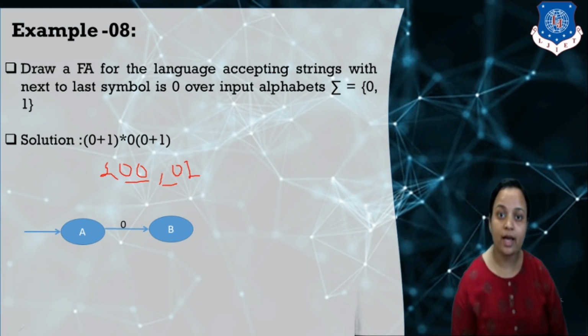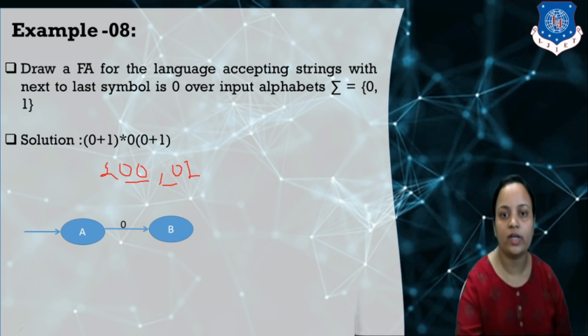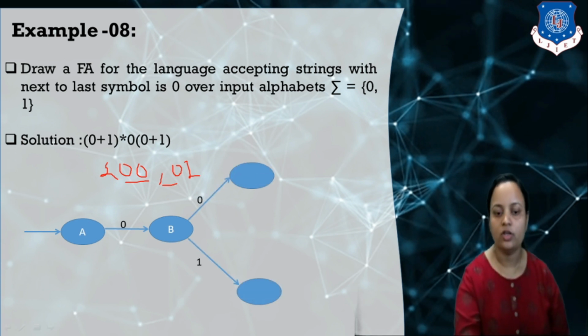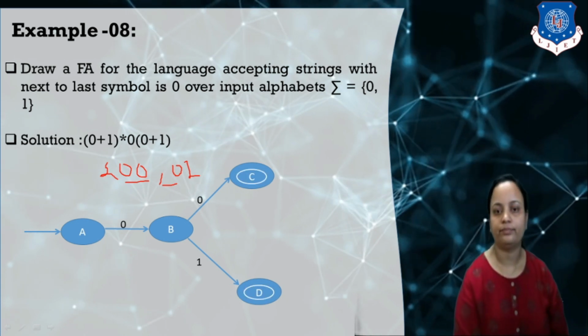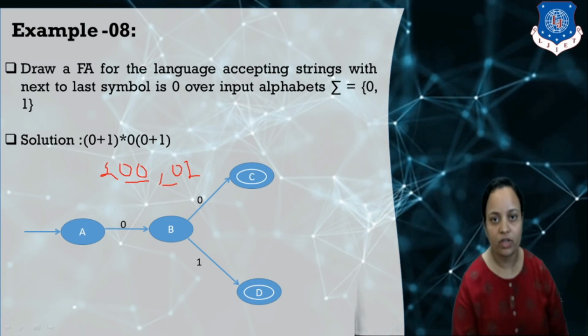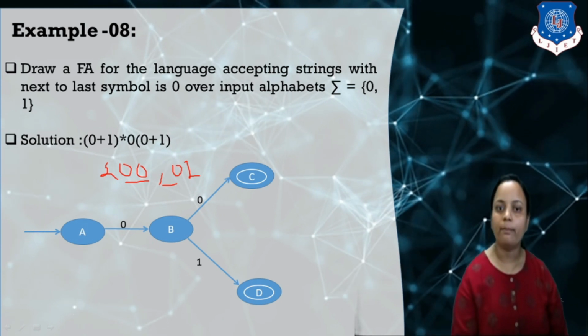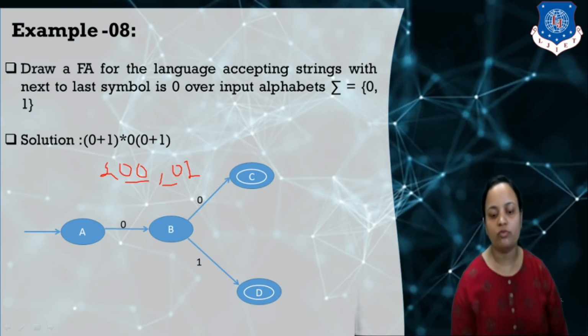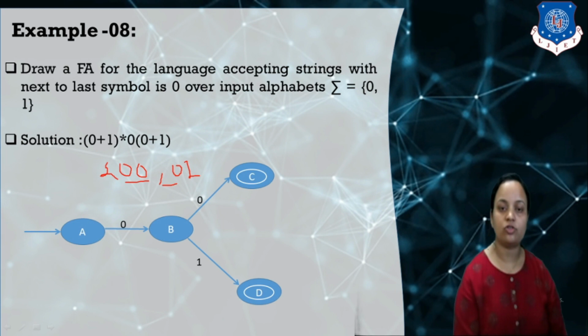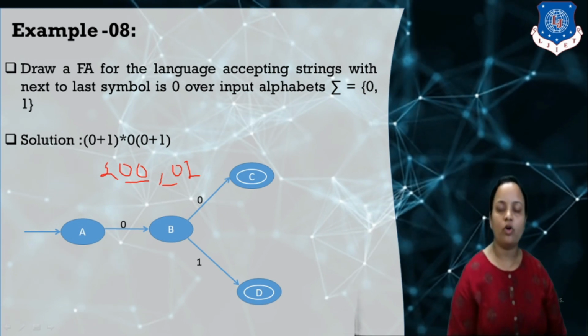So in this example we have to make two states accepting states. Here A on 0 we move to B, and once we reach B we have two options, either 0 is accepted or 1 is accepted. So from B we draw two accepting states. B on 0 we move to accepting state C. B on 1 we move to state D, which is also an accepting state. So this is the basic structure for this DFA.